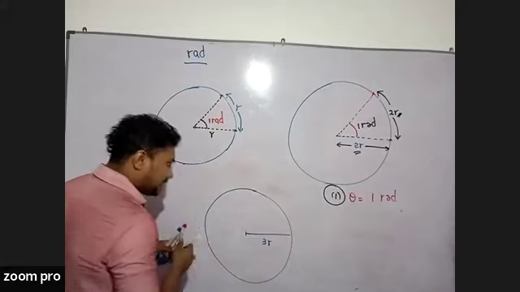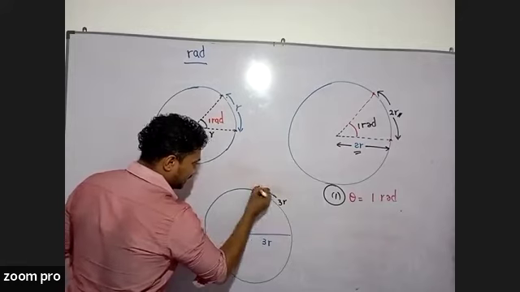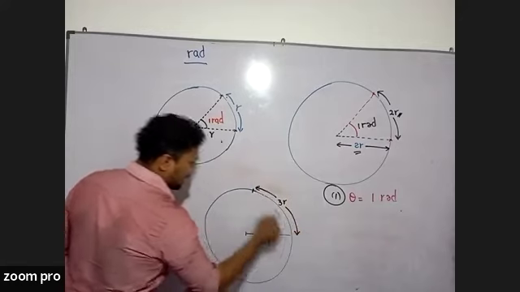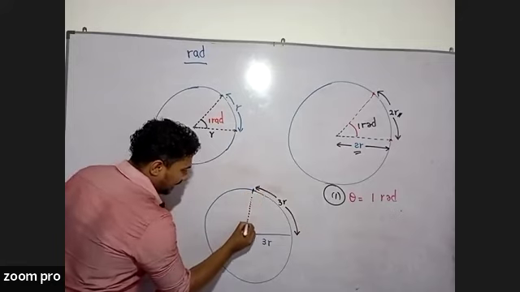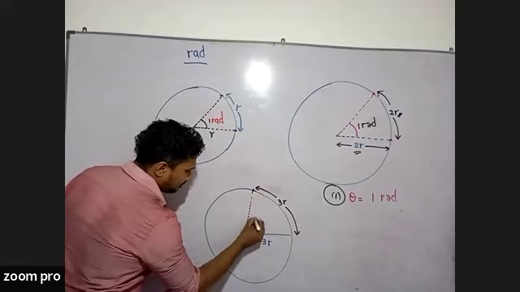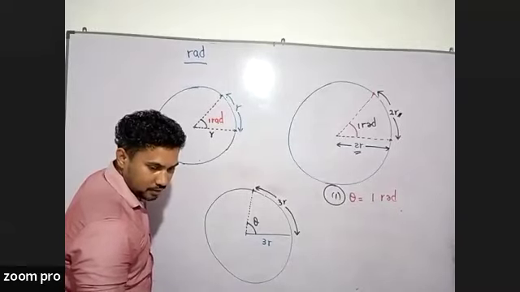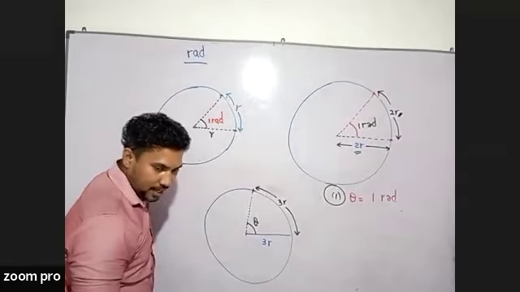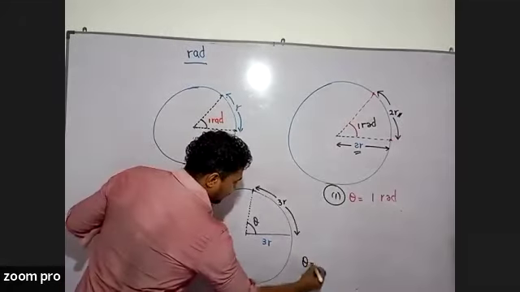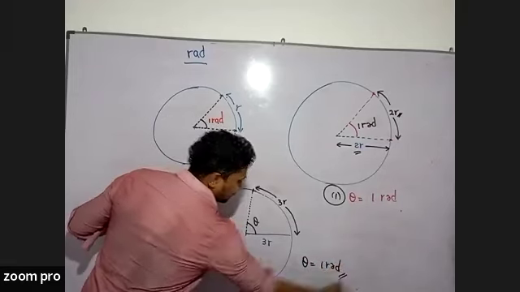If I consider an arc with length equal to the radius, that means the length of this arc is 3r. Then tell me what is the angle subtended at the center? Hands up those who said theta is equal to 1 radian.